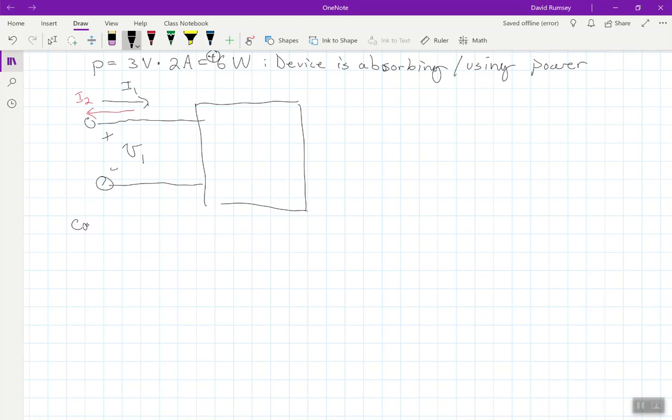So we're going to compute the power, and then also ask: is the device absorbing or delivering power?